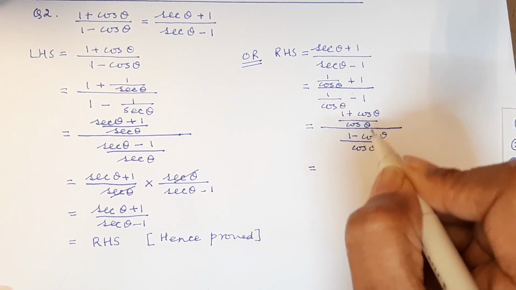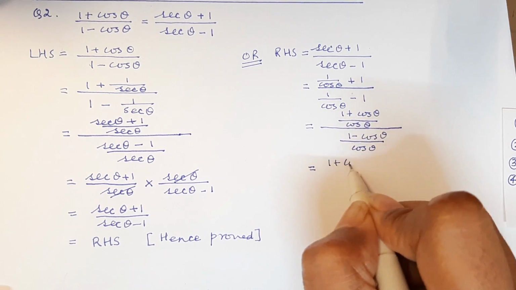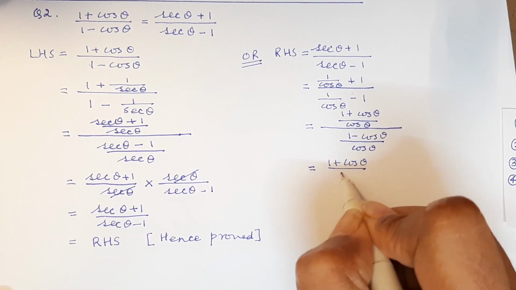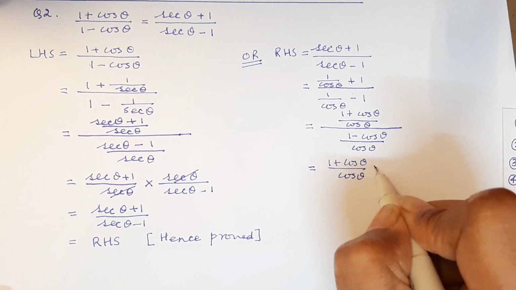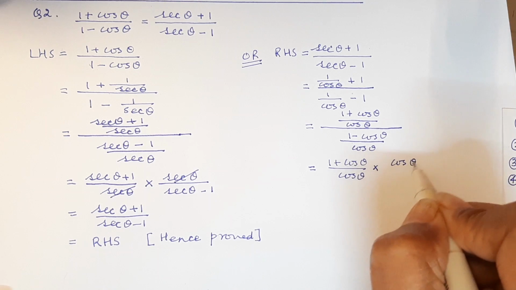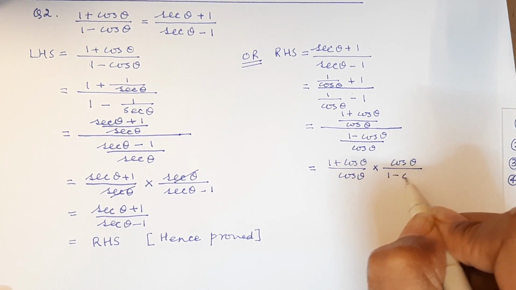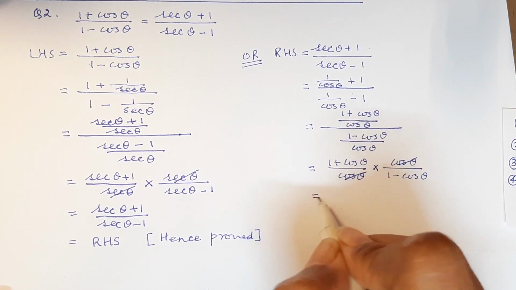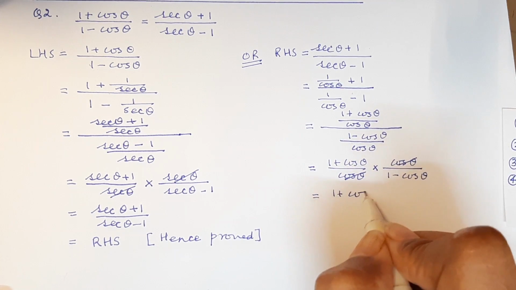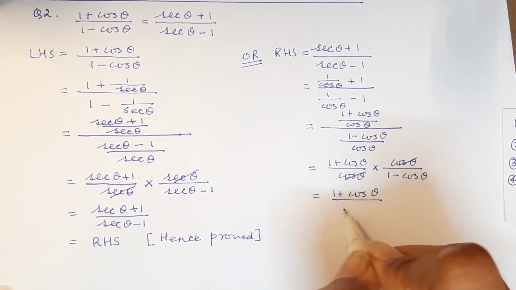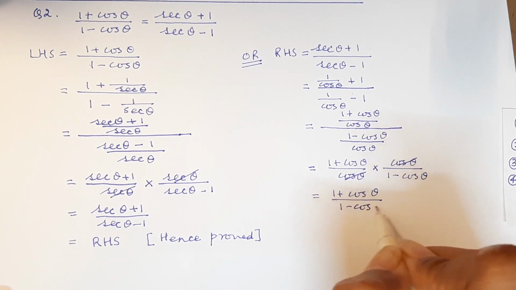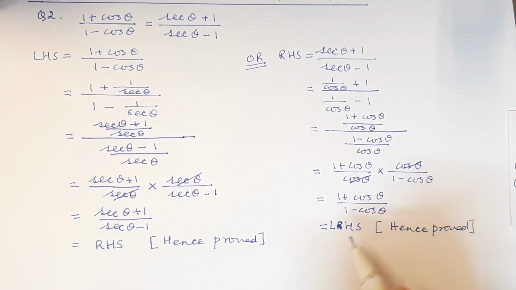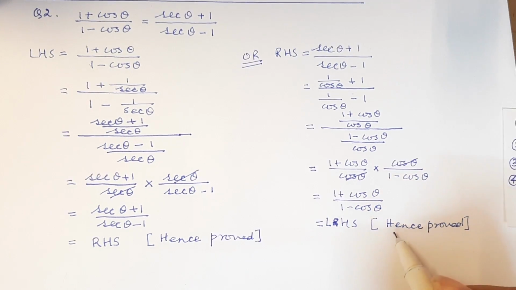Now I will write 1 plus cos theta upon cos theta multiplied by cos theta upon 1 minus cos theta. And so you will see that cos theta got cancelled, and 1 plus cos theta upon 1 minus cos theta, and that is our LHS, and hence we proved what we had to prove, that RHS is equal to LHS.